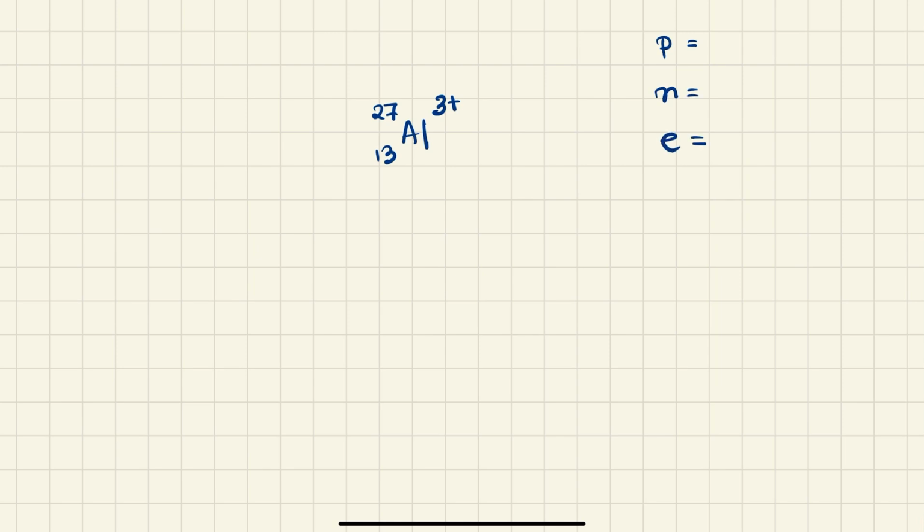First, what do we need to figure out? The atomic number and atomic mass. What is the atomic number? The one with the smaller value, in this case 13. The atomic mass is the one with the bigger value, in this case 27. The atomic number is the number of protons. The atomic mass is protons plus neutrons.